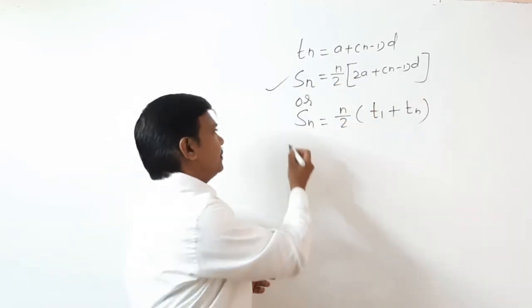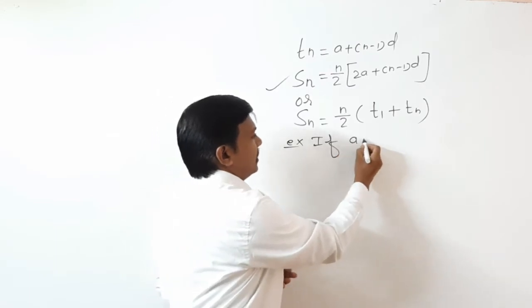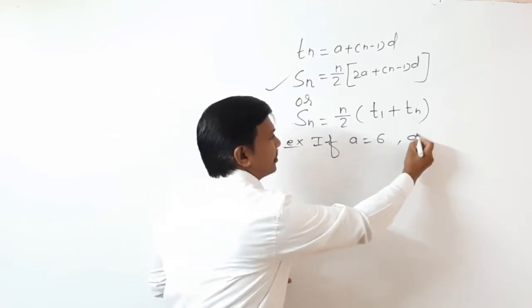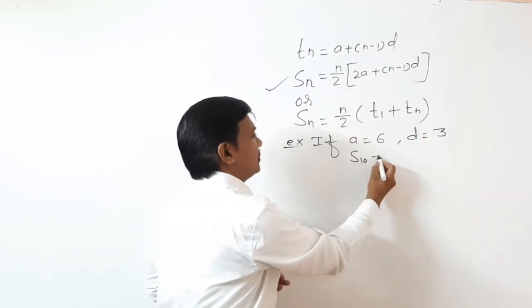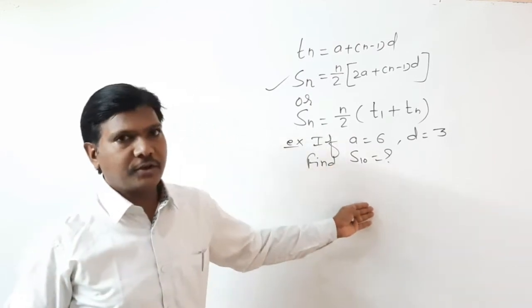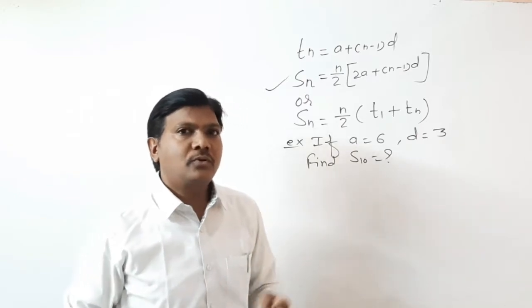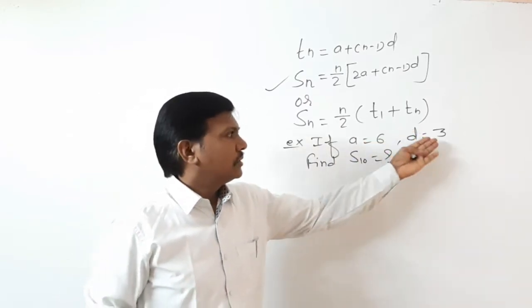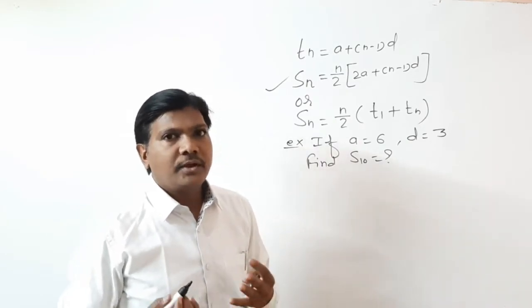See one example. If a equal to 6, d equal to 3, then find s10. Find the value of s10. Here the first term is 6, and the common difference between two consecutive terms is 3, and s10 means the sum of 10 terms.